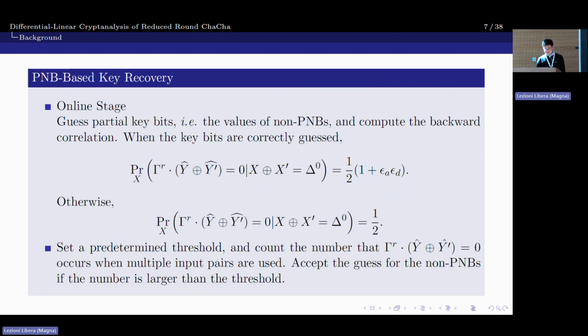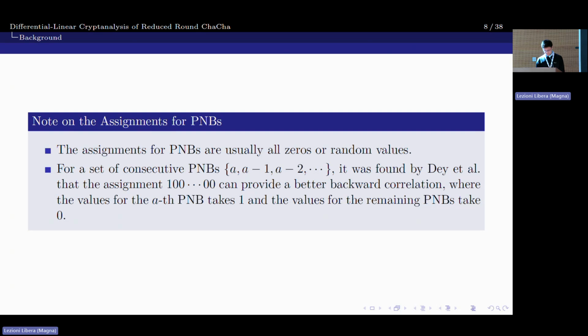For the online stage, we guess the significant key bits, the values of the non-PNBs, and compute the correlation. When the key bits are guessed correctly, we will get this correlation. Otherwise, the correlation is 0. Let's look at the assignments for PNBs.